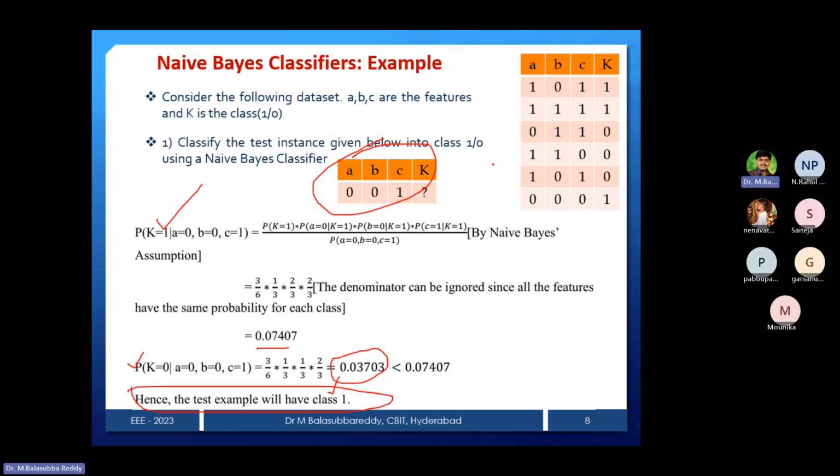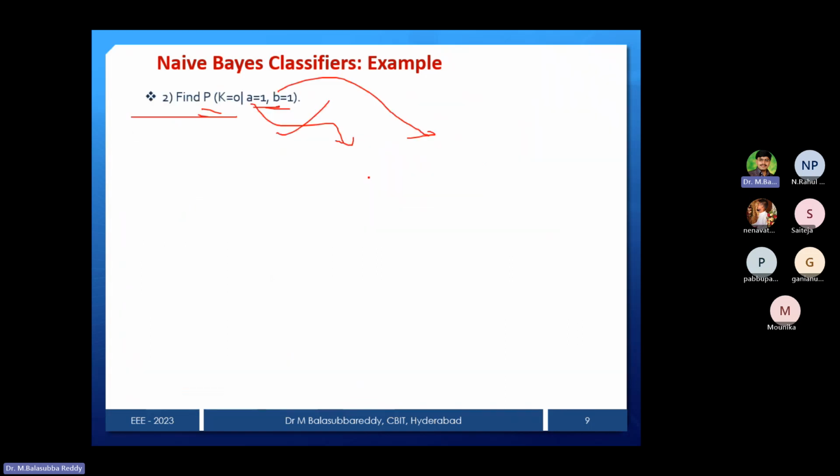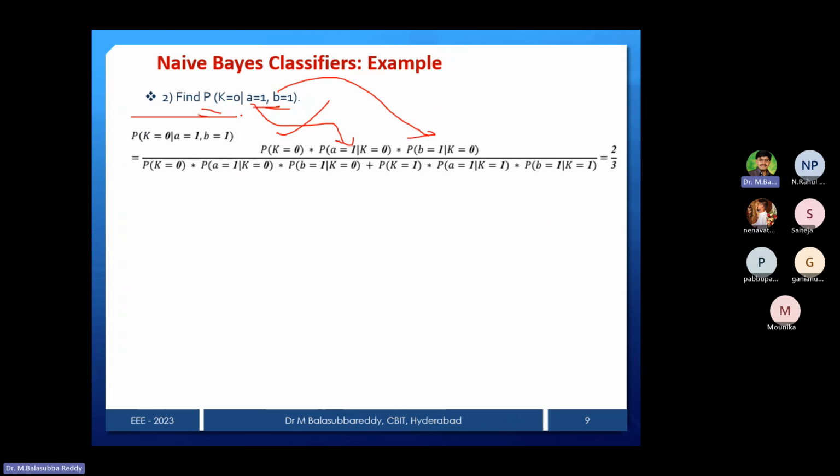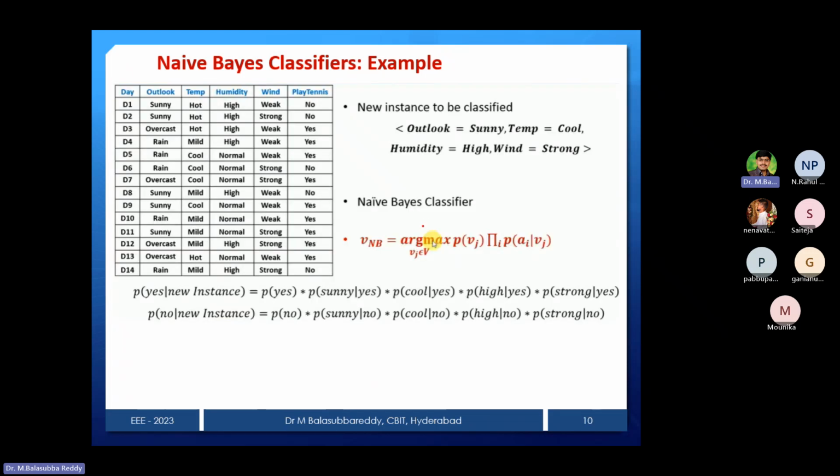The probability of getting k is 0, and what are A and B? They are giving the value of A equal to 1, B equal to 1, and if we substitute this, we get 2 by 3. That is one example. Now all of you read this example and try to understand, then I will explain once again.